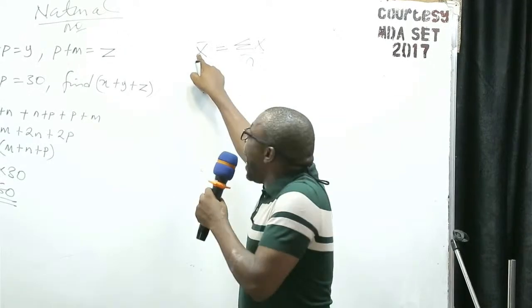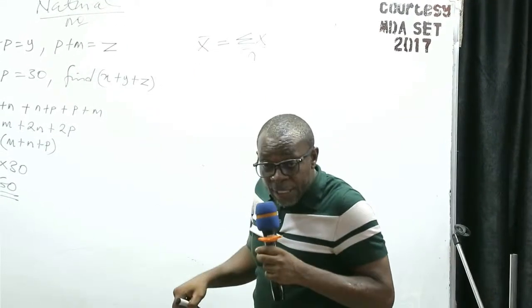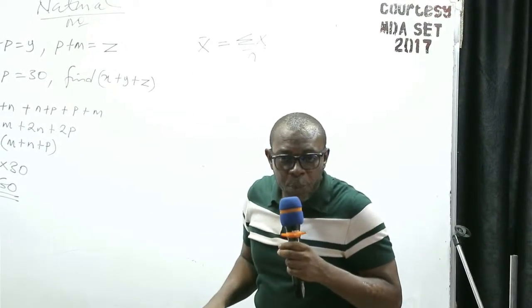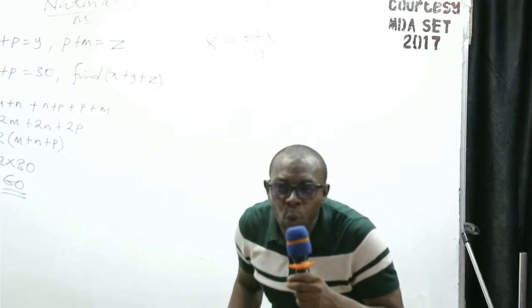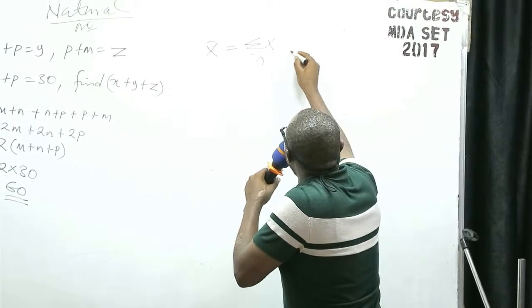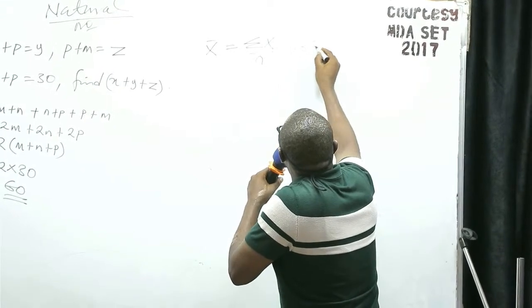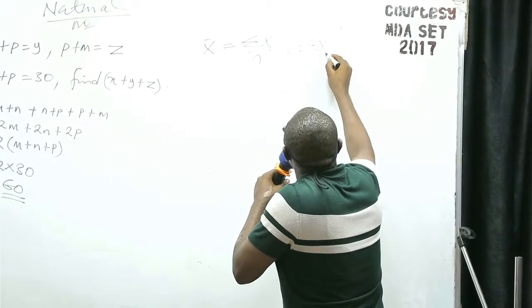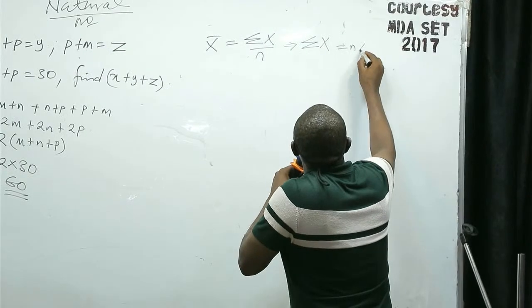Who is the x bar? The mean. Now, this is what you are going to do. You cross multiply, so it means that the sum of all the numbers will give you n times x bar.